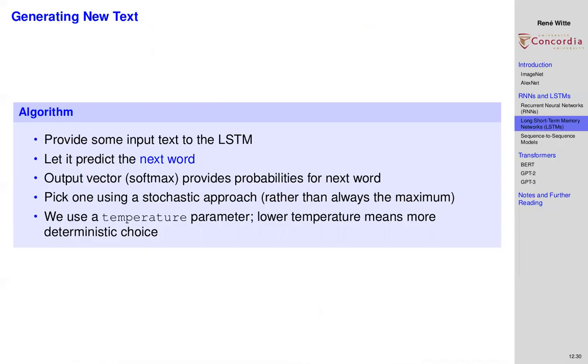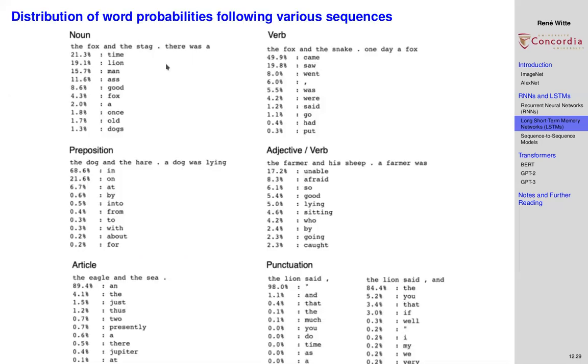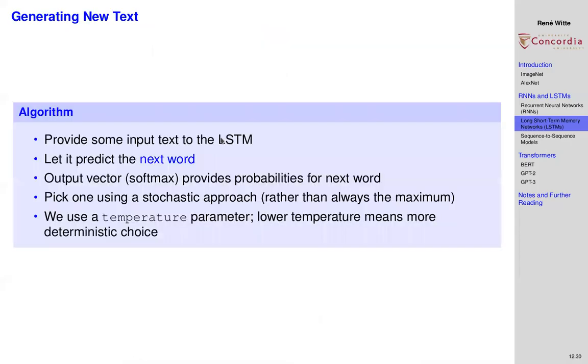When you do this kind of text generation, you will see that you have to apply a few tricks to get something interesting out of it. Because if you just always pick the most likely word, the whole text becomes too predictable, too similar to the original text. And in most cases, you will see it goes into a loop where it just starts repeating the same thing over and over again.